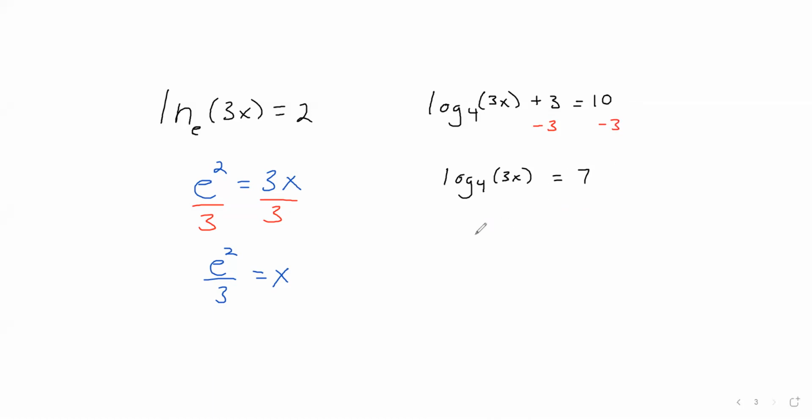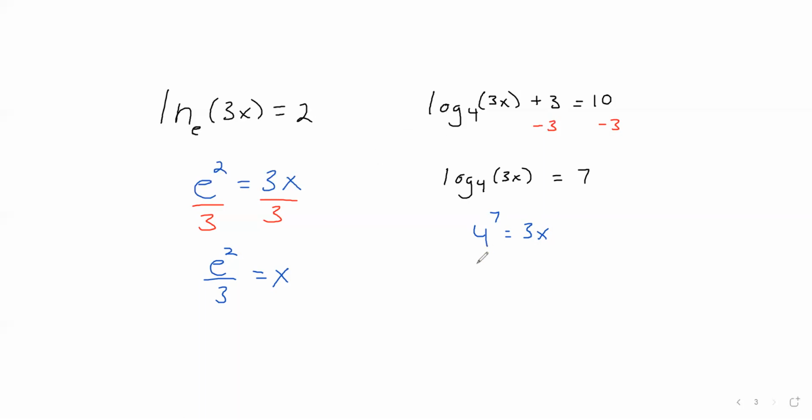I will change forms. Now I have 4 to the power 7 equals 3x. And that is a large number, 4 to the power 7. Other ones I've done, they were nice, cute little small numbers that you could easily do even in your head.